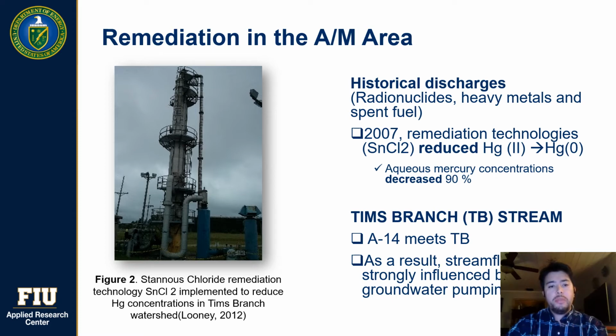This effectively removed about 90% of the mercury concentrations. And most importantly, I'm interested in anything that feeds the Tims Branch water stream, given that the majority of the stream flow from Tims Branch is being fed by this groundwater pumping.